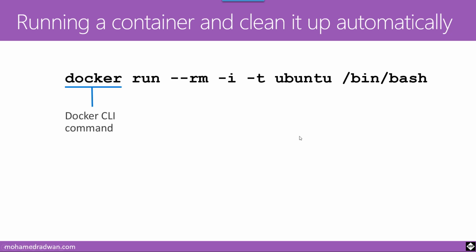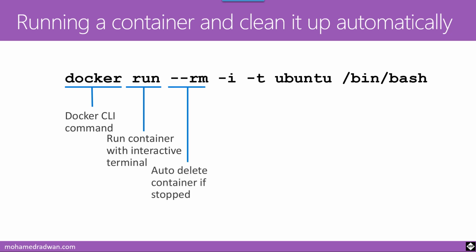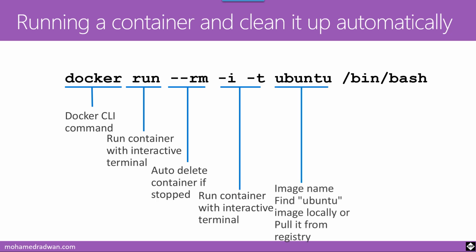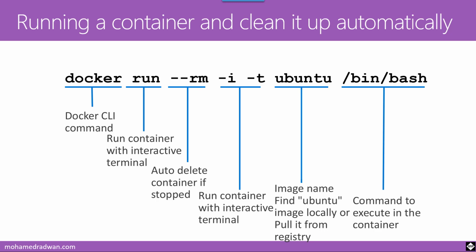So this is the CLI, this is the run command, and here the rm means auto delete the container if the container stopped. And here is to indicate that I would like to run the container as interactive, and this is the name of the repo, either local or pulled from the registry, and here is the command I want to execute in the interactive container.